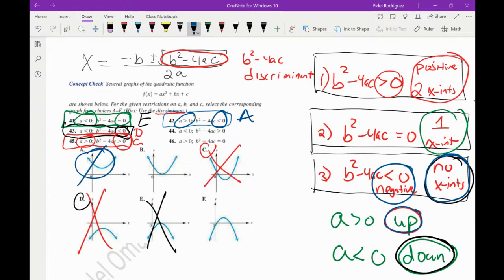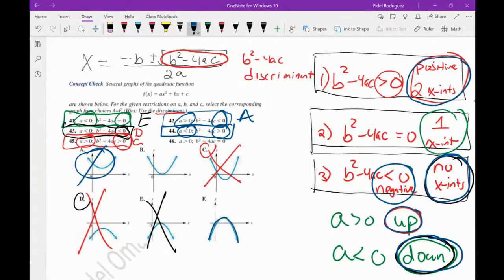Now, let's take a look at 44. So I'm going to come back over here and look at this one. First thing I notice, hey, look, A is less than 0. If A is less than 0, then my graph's going to open down, Charlie Brown. So I only got one more graph that I can choose from that opens down. Looks like it's going to be choice F. But let's double check. Not only does the graph open down, but the discriminant is positive, which tells me we have two x-intercepts.